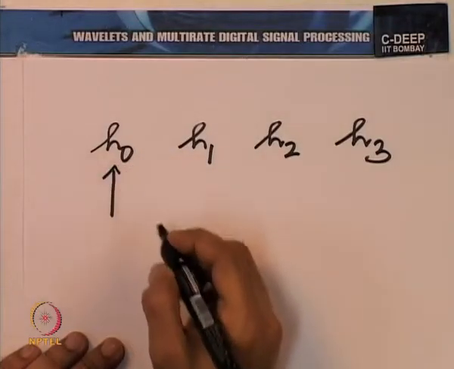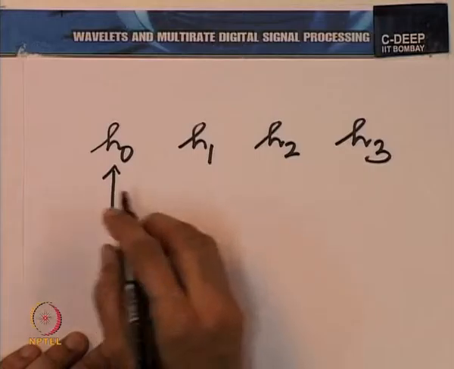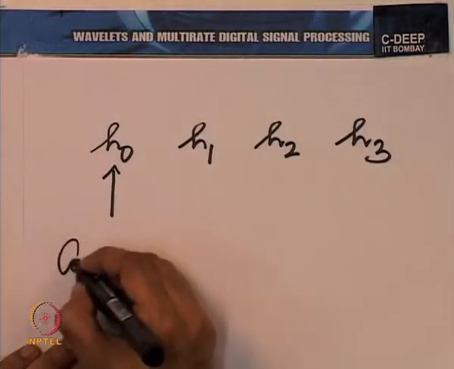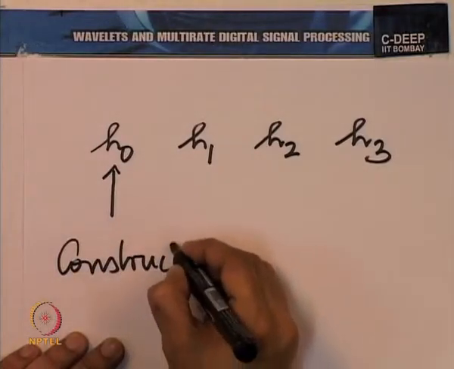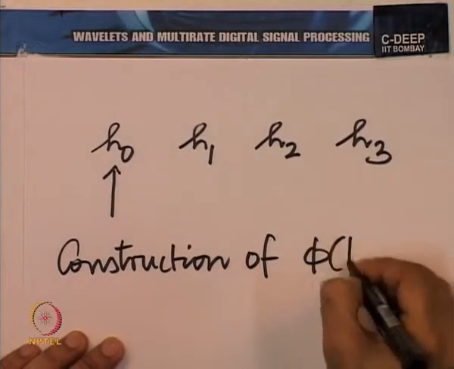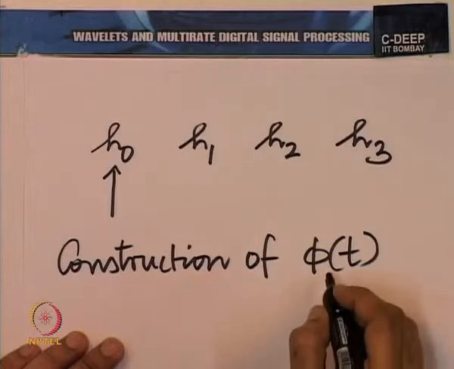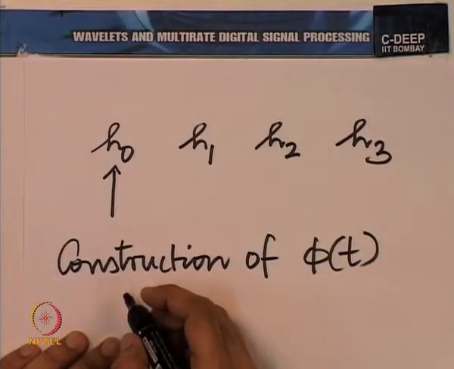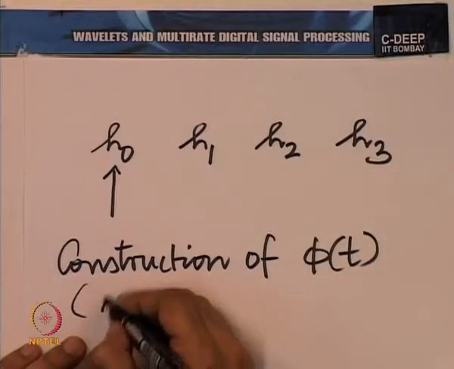Now, remember what we are doing here is to construct phi t, the scaling function, or the so-called father wavelet.